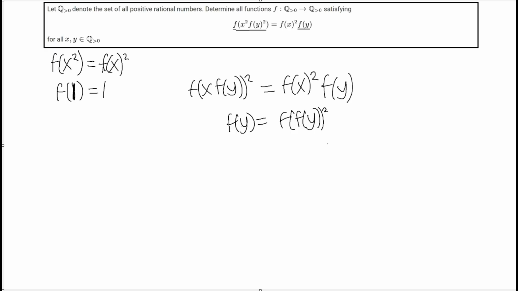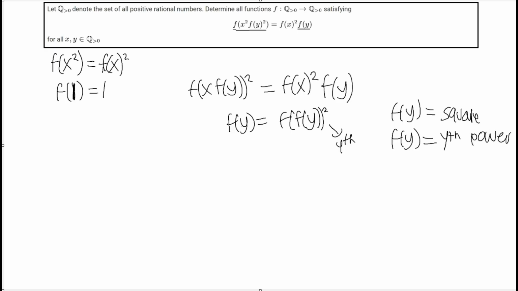This is a really interesting identity because, for one, we have a squared term over here, which means that f of y is a square for all rational numbers y. But then that means that this side here, f of y, is also a perfect square. So this term here is a fourth power, which means that f of y is a fourth power.